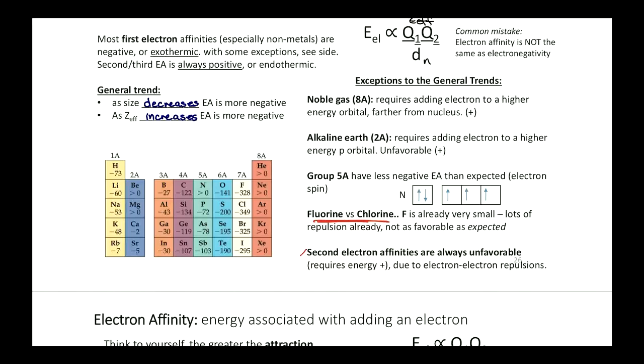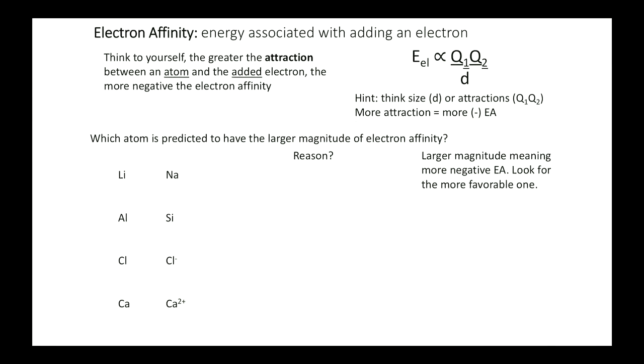So let's put it all together and see if we can do this. Remember, think about how attracted your electron is to the nucleus and how close you are bringing that electron in, so the n. Which atom is predicted to have the larger magnitude of electron affinity?